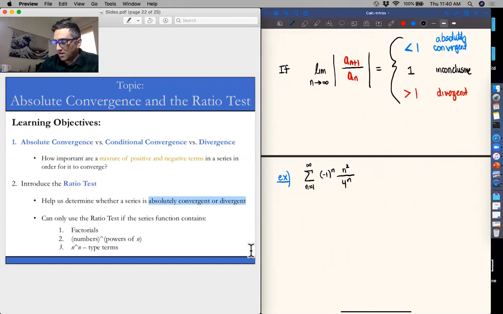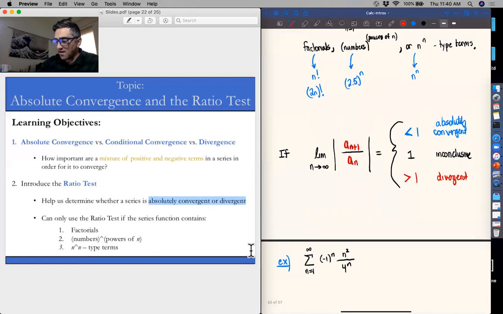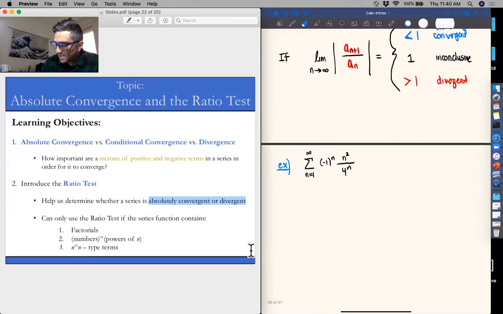Now, again, we're going to try and apply the ratio test, but in order to use it, we need to make sure that one of those three functional forms are there: either factorials, numbers raised to powers of n, or n to the n type terms. And what we see in this case down below is that number 4 being raised to the power of n. So because we have that 4 raised to the power of n, it looks like the ratio test can be applied in this case.